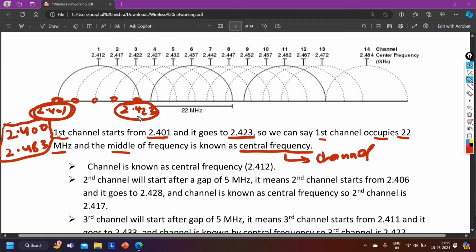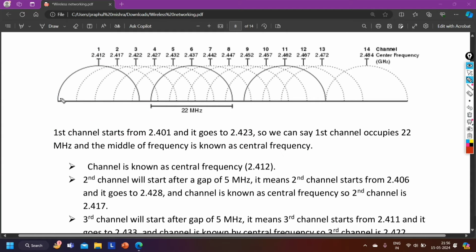So middle frequency is going to be what? 2.412, right? This is the middle point between these two frequency band. So this is channel number 1. This frequency band is channel 1, so you can see channel number 1 frequency is 2.412. Now hope it is clear.